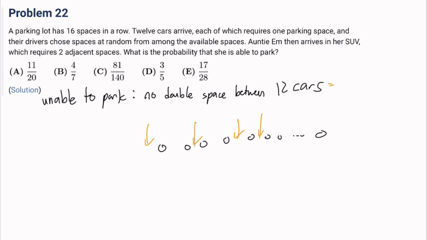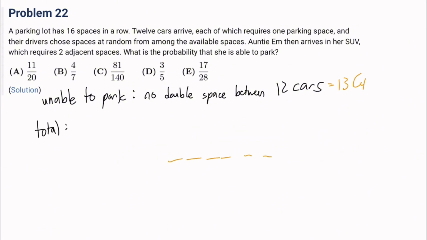So this is going to be 13 choose 4. The total number of possibilities is that there are 16 spaces, and from those 16 spaces we just need to choose 4 vacant spots. So that's just 16 choose 4.